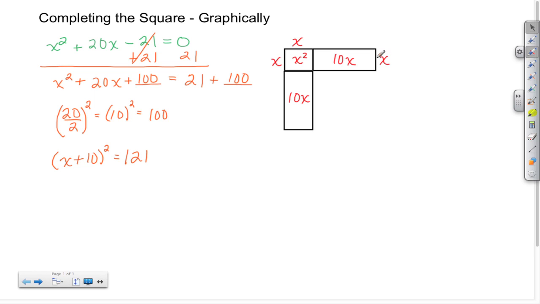And because this is an area model, I need to ask myself, what do I multiply x by to get 10x? In this case, that answer is 10, because 10 times x gives me 10x. I have the same relationship here on the left-hand side. This length here matches this length down here at the bottom, which is x. And I know this length here has to be 10, because 10 times x gives me 10x.